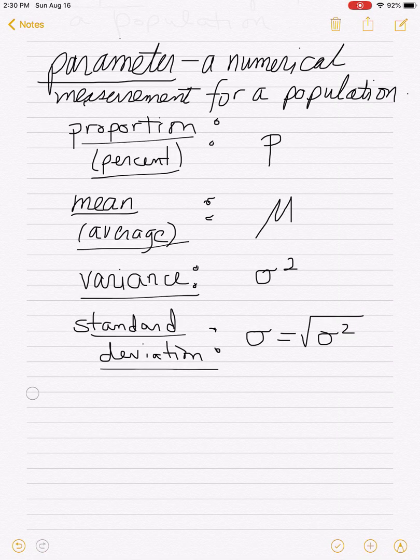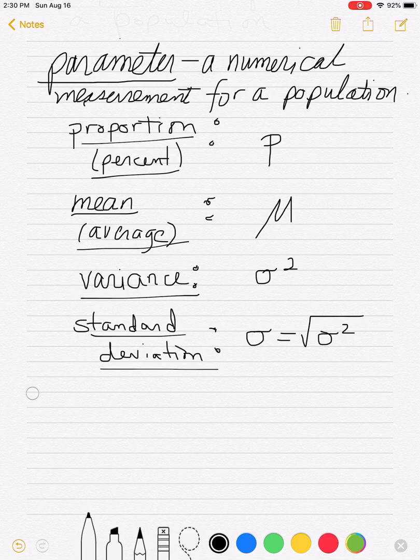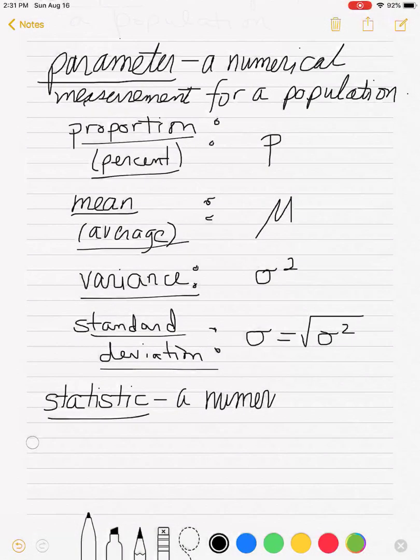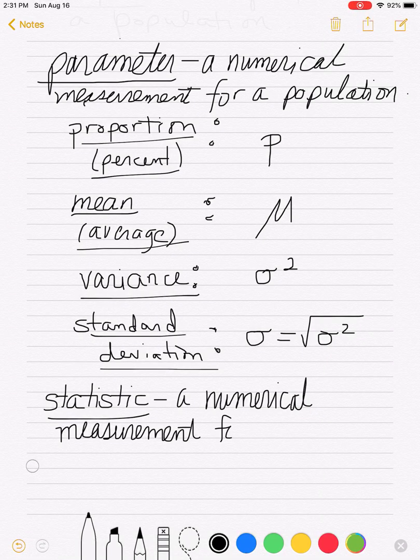Proportion, which is like a percent. Mean, which is average. Variance and standard deviation. These are measurements of how spread out the data are. Now remember, parameters apply to populations. So analogously, we have something that applies to samples, and we call these things statistics. So a statistic, singular, is a numerical measurement for a sample.